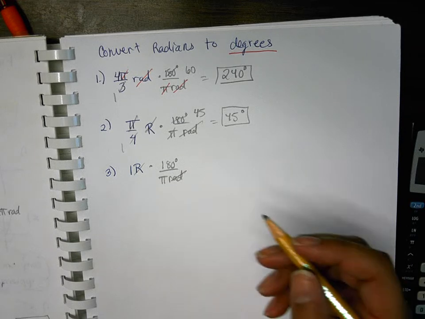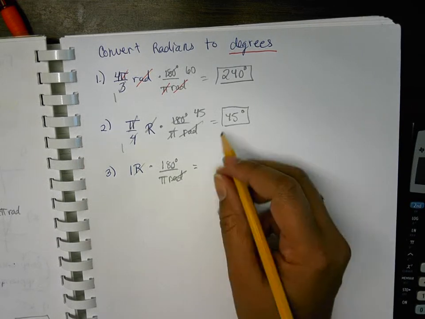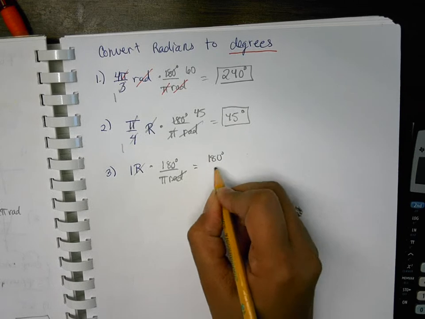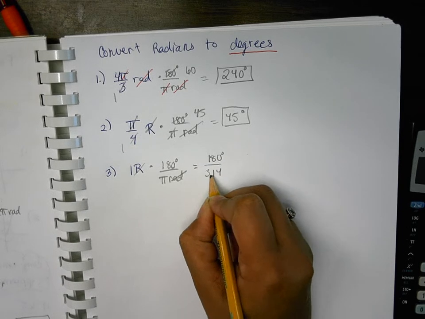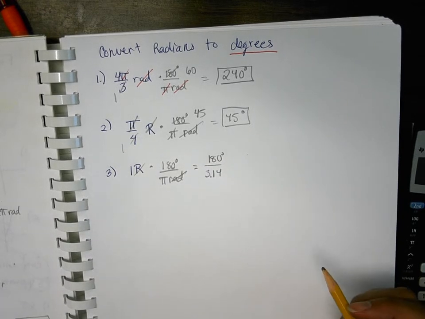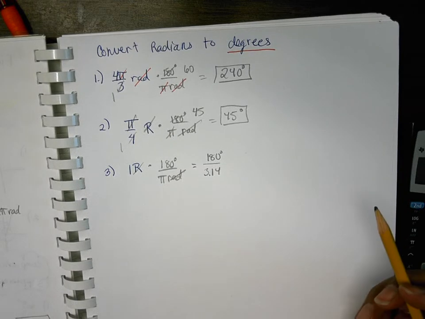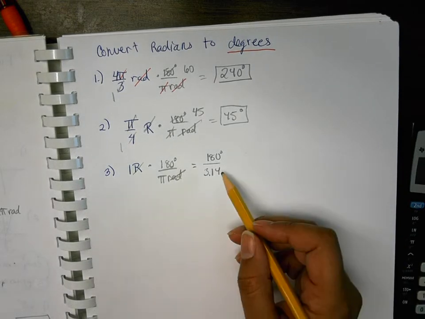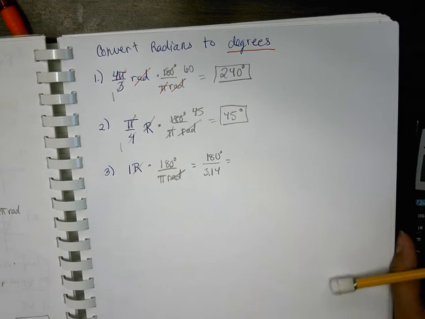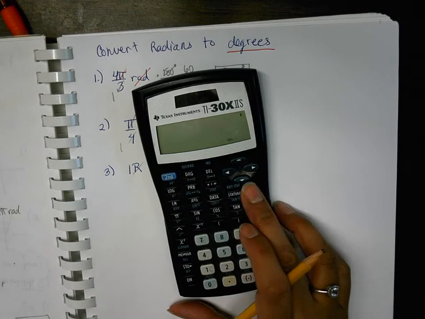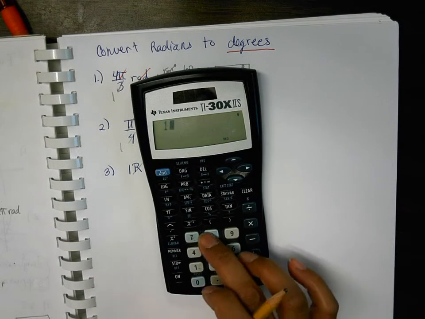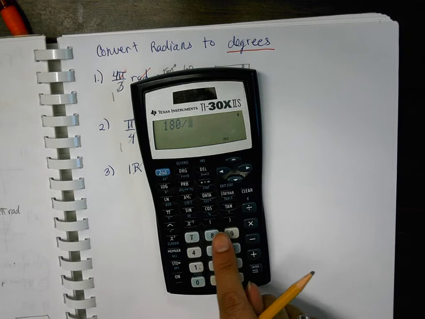3.14. So I'm going to write this as 180 over 3.14. I know you guys don't have calculators out right now, but I'm going to ask on homework when you do these that you do plug them in your calculator. I'll do it here. So that would be 180 divided by, I do have a pi key somewhere.